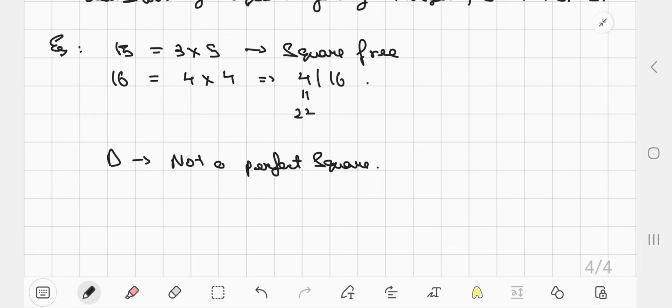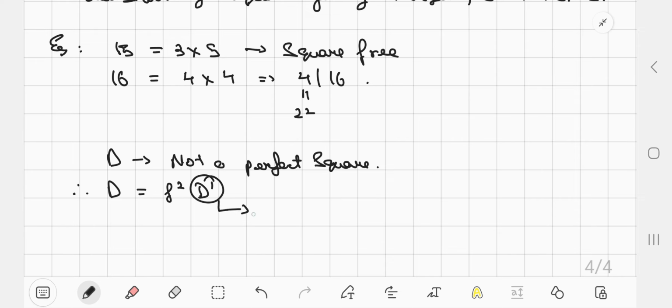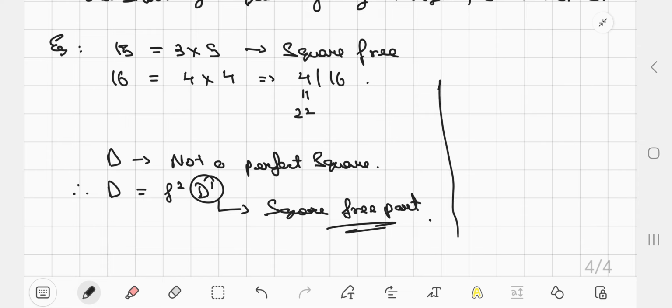What we do is that we extract out the square part from D. So we write D as f square times D dash, where D dash is the square free part. Suppose I consider the number 45. 45 is surely not a perfect square.